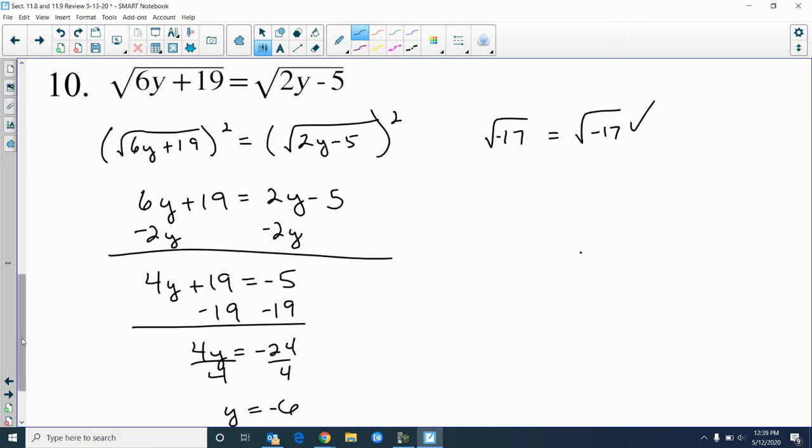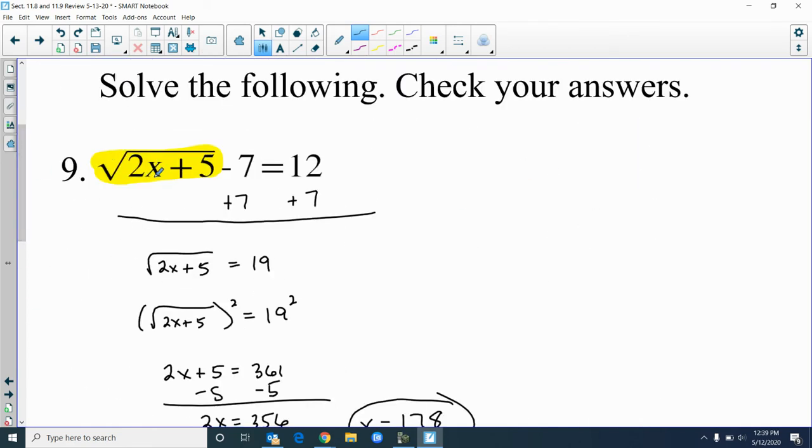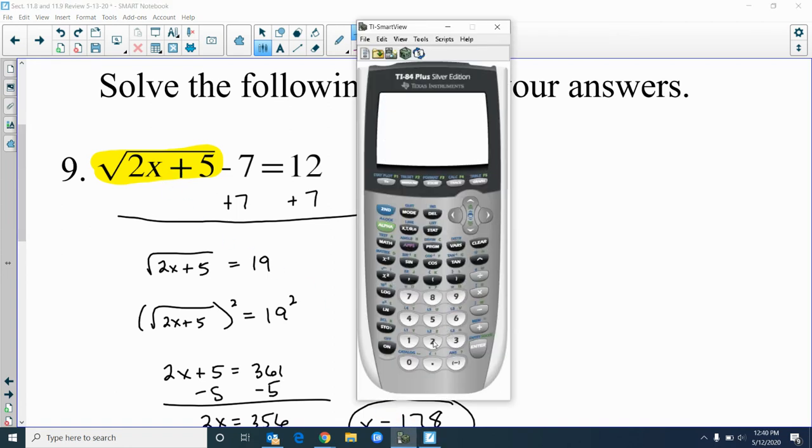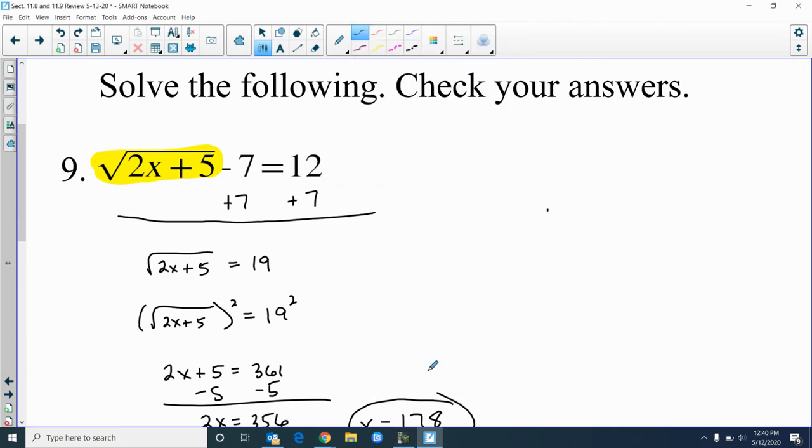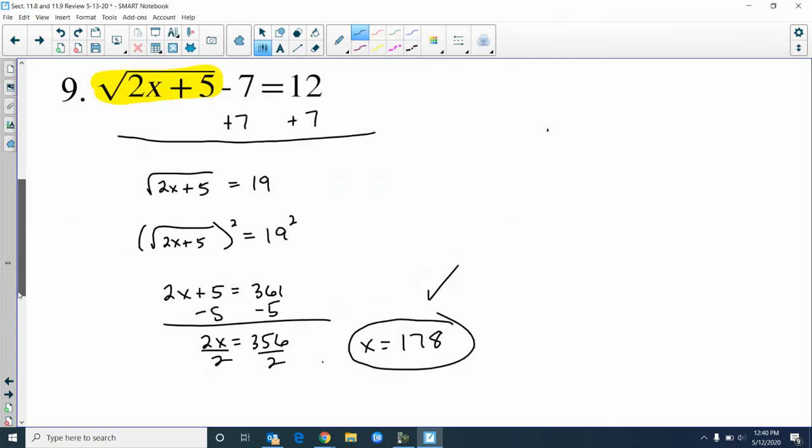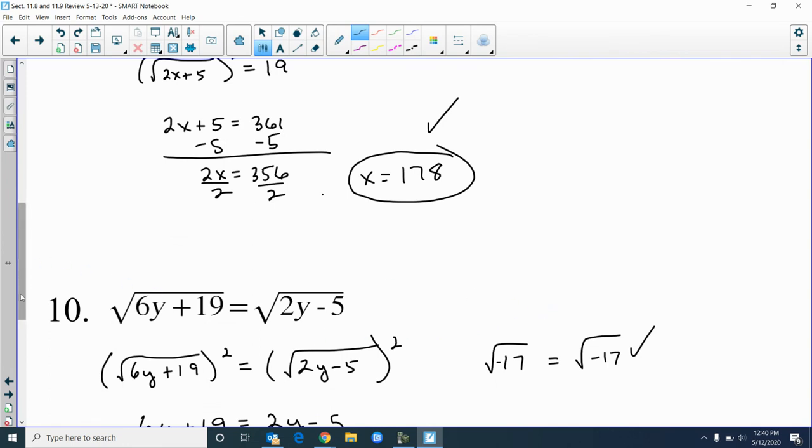So it works. And for this one here, 2 times 178 is 356, plus 5 is 361. And when you take the square root of that, you're going to get 19. And 19 minus 7 is 12. Okay, so both answers work. It makes them true.